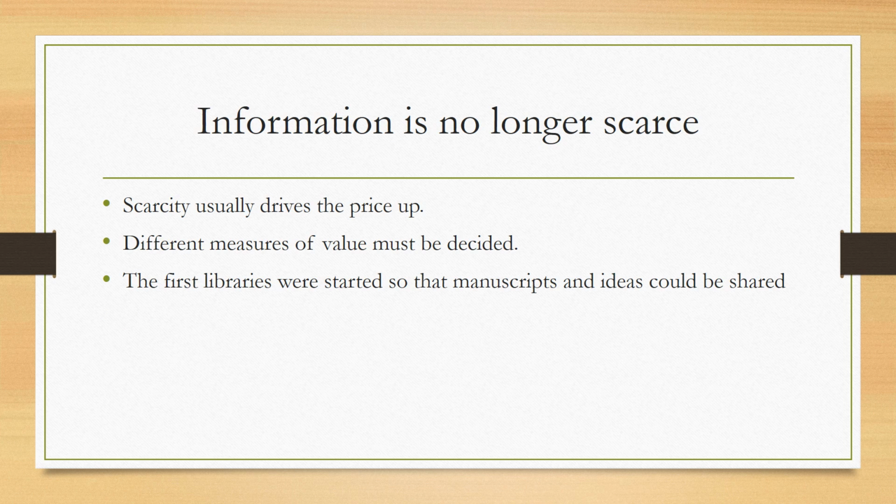Information is no longer scarce. Scarcity usually drives the price up of any material that you have. So different measures of value must be decided. We can't compare libraries on how big their collections are.